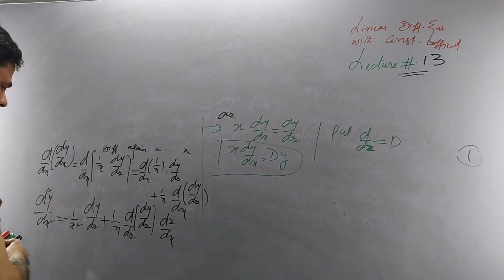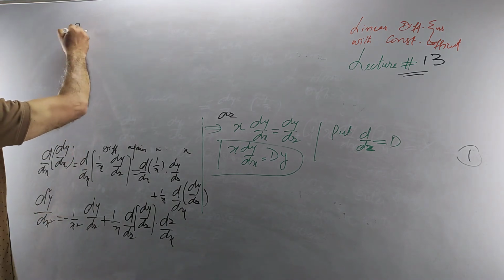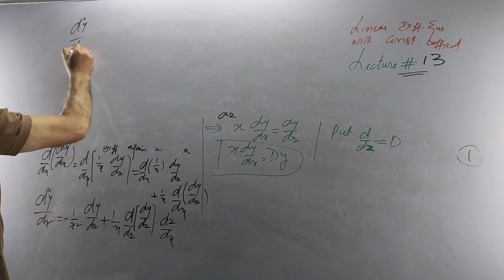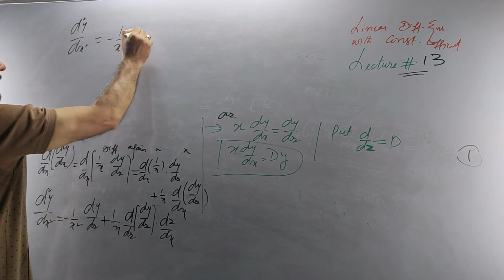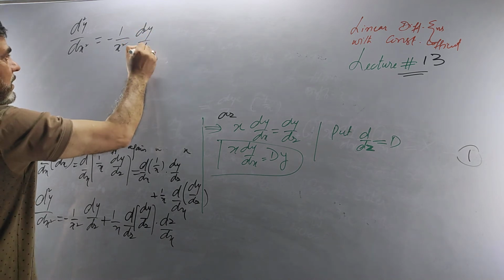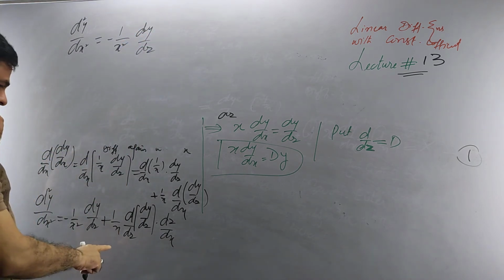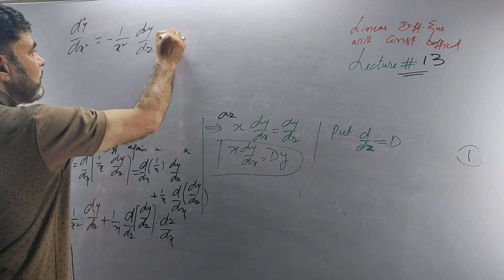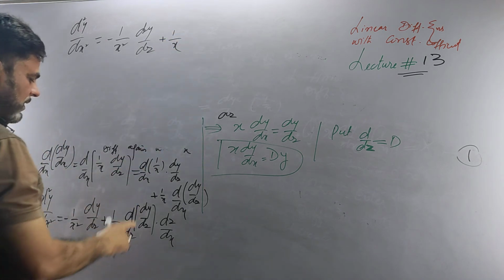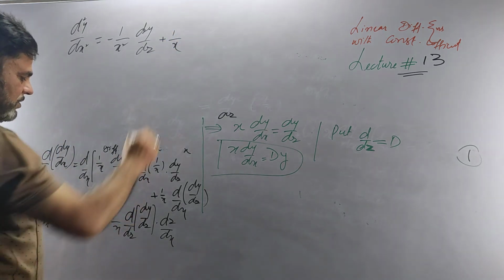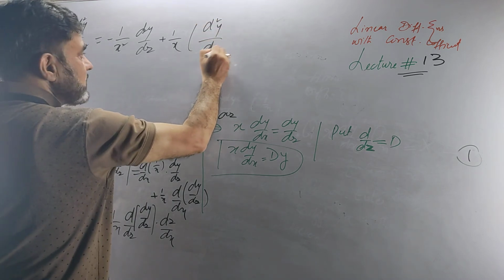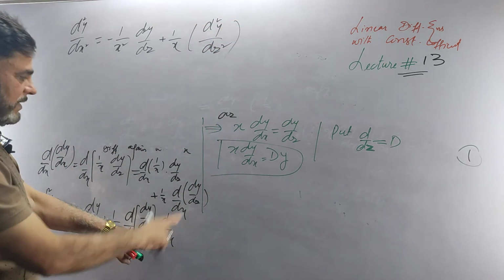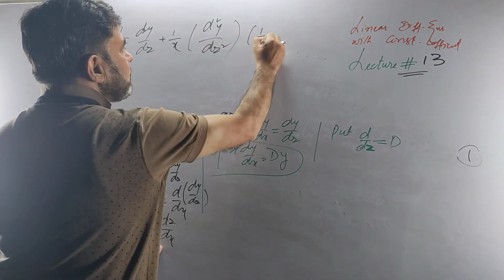So after this you get d2y by dx square is your minus 1 by x square dy by dz, plus 1 by x, into d2y by dz square, but dz by dx is your 1 by x.